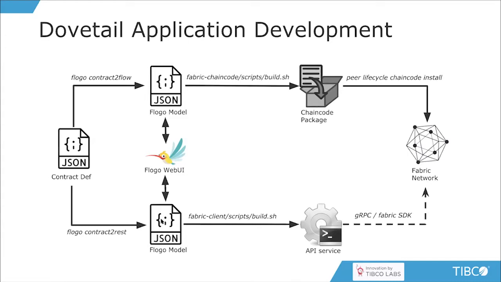The artifact generated will be a JSON Flogo file. Then we take the JSON file and run it through the build tool of Flogo to create a runnable application.